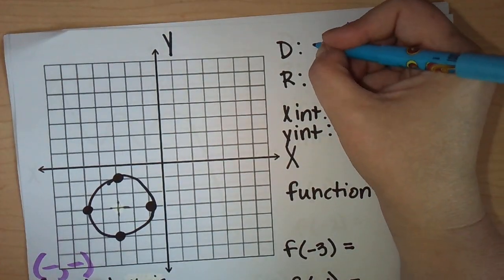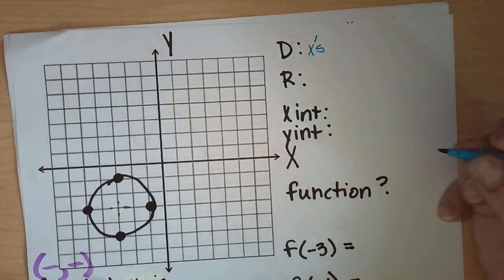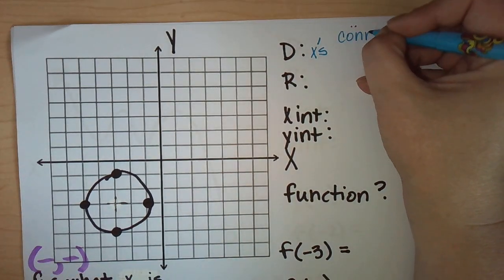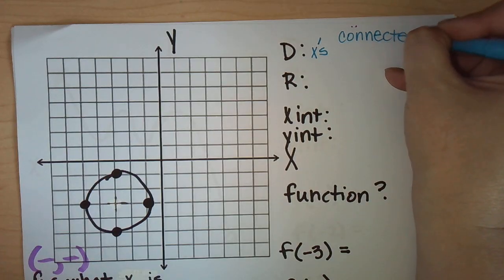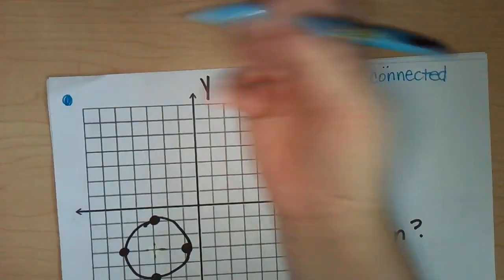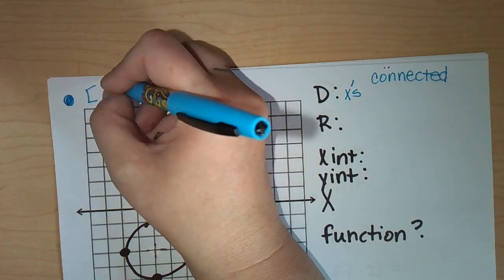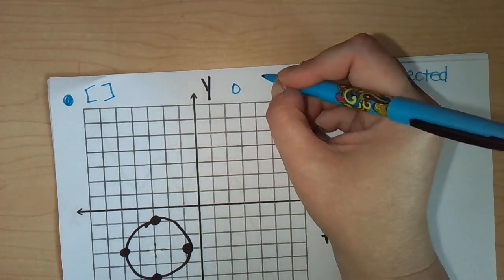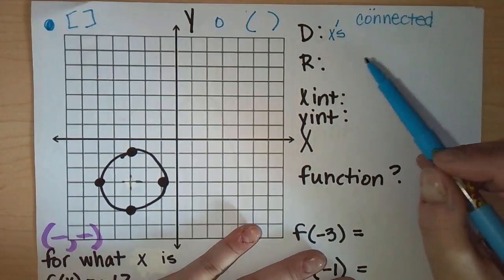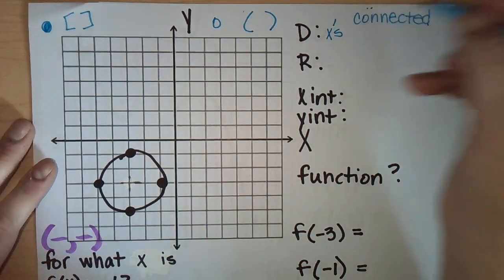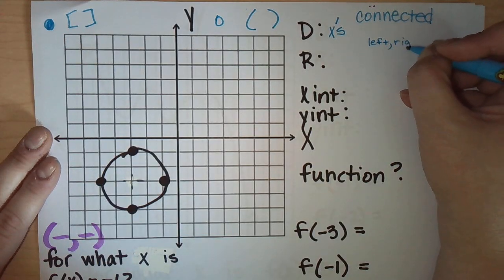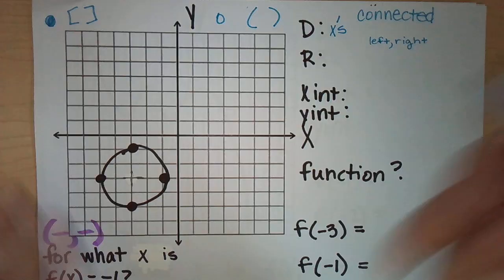For domain, you have to do the x's, which is the leftmost, comma, the rightmost. And these are connected. Okay, and let's remember that closed holes use brackets and open holes use parentheses. So for my x's, the very left part of the graph, comma, the very right part of the graph.